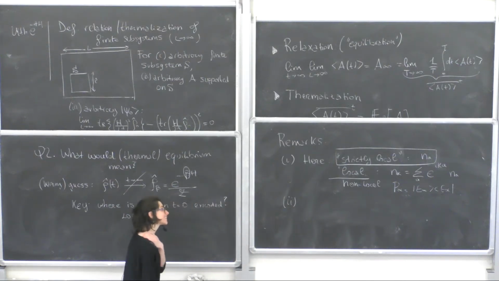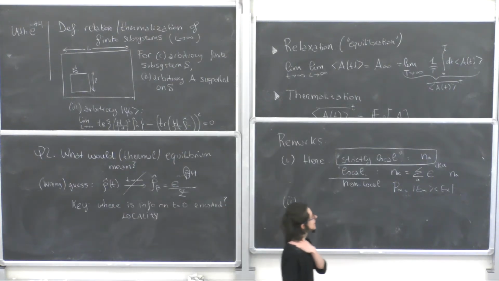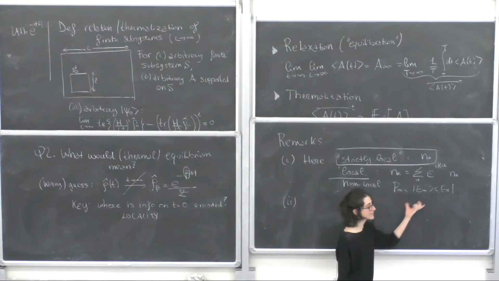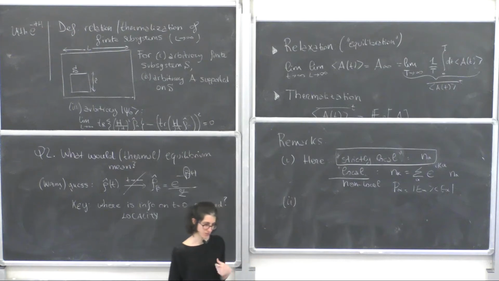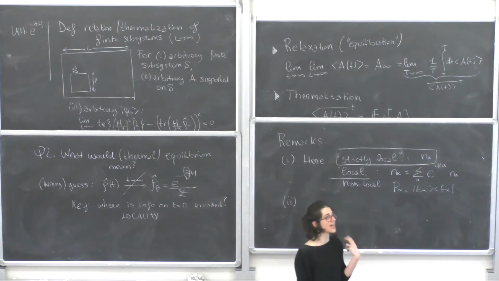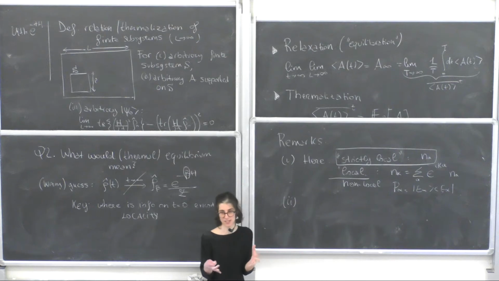Okay, so that's the point. In that case, we will be able to identify that there are conserved quantities in systems which are MBL, and these conserved quantities have a local structure.